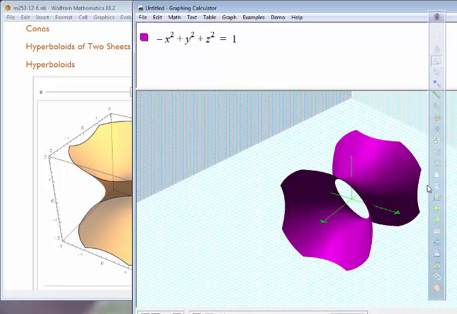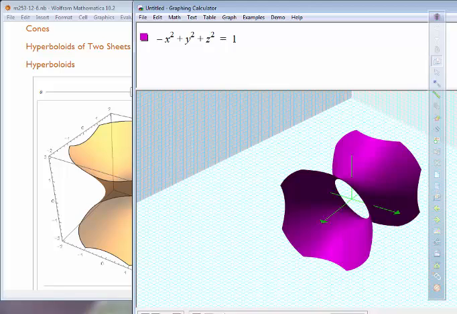So, trying to learn about this by looking at pictures and doing homework and stuff like that may be effective, but I think the more effective way to get to know these surfaces is to graph them yourselves. If you're able to buy this particular program, then it's going to be really easy.